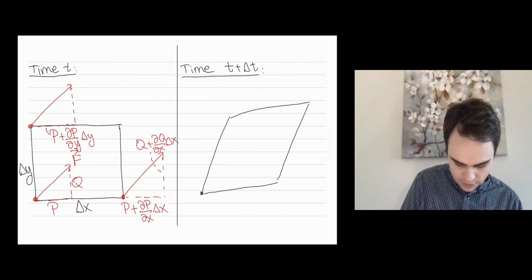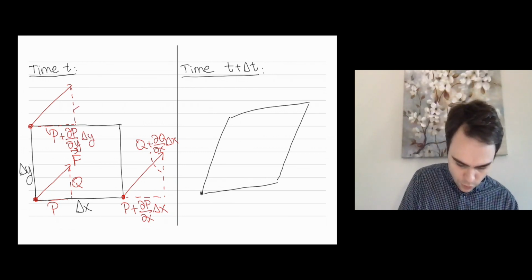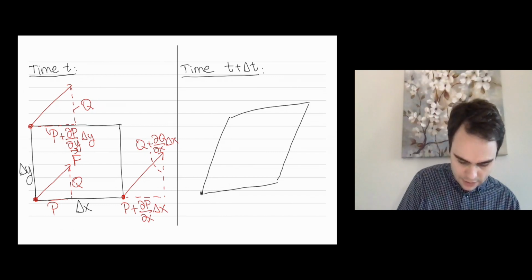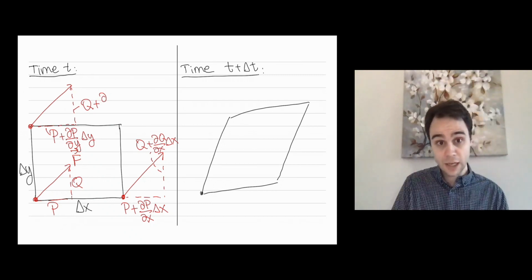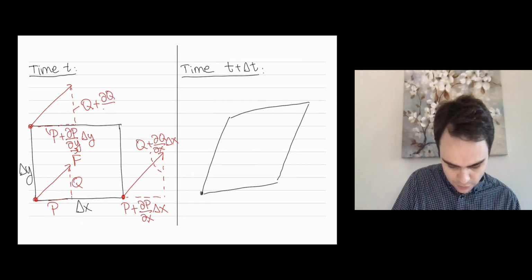And q is just at this point the original height, little q, plus the amount it increased when I went up by delta y, leaving x fixed. That's given to me by the y partial of q.